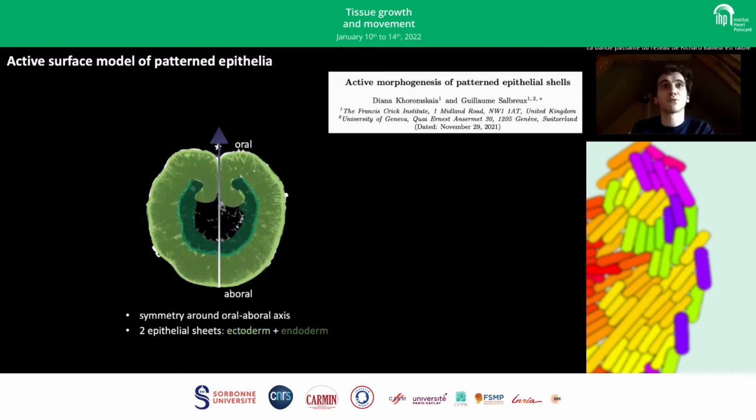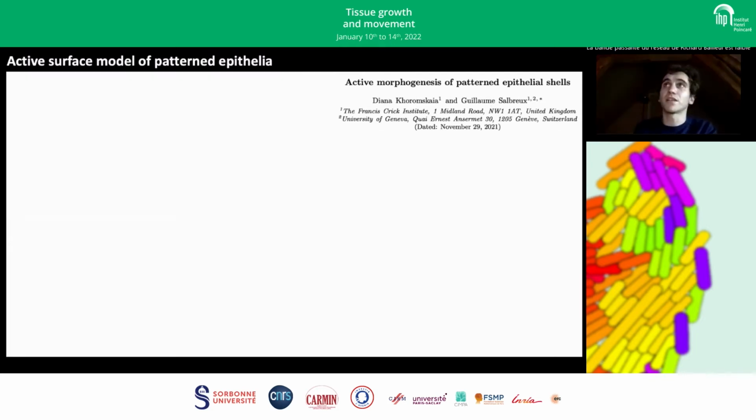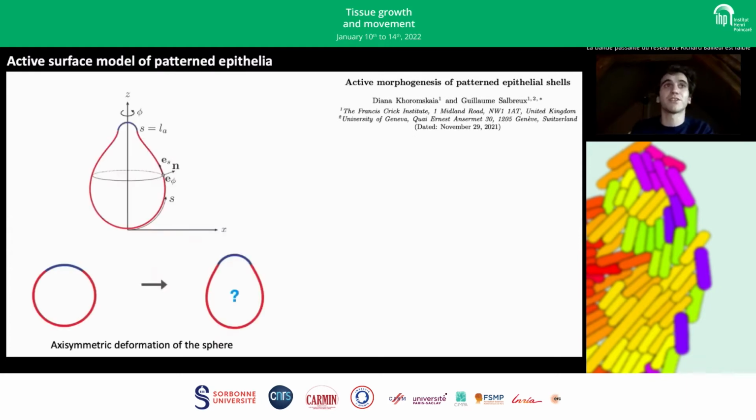So as I told you, the body plan of my animal is like this. It's symmetric around an axis, and it has 2 epithelial sheets. Well, the model of Diana studies axisymmetric deformation of the sphere. So she studies shape changes adapted to the symmetry of my animals, of cnidarians.